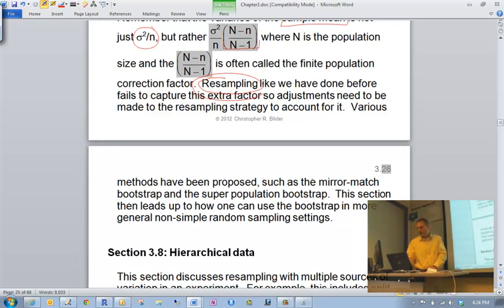There's been a variety of adjustments. And of course, people come up with names. There's a mirror match bootstrap. There's a superpopulation bootstrap as well that allows you to take into account this extra variability. And this has been extended to complex survey sampling situations as well.